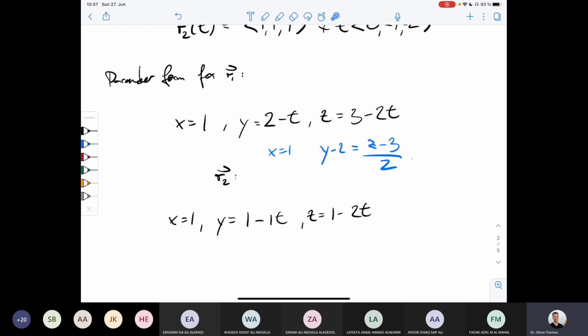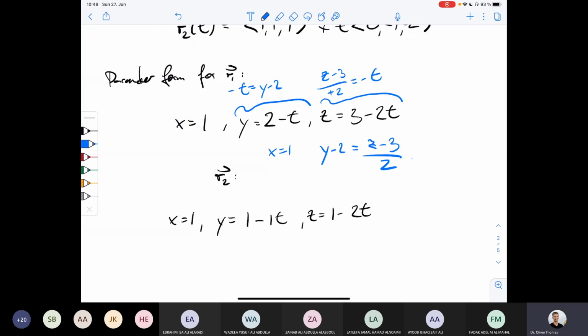So we can reformulate this equation: if y equals 2 minus t and z equals 3 minus 2t, and the t is the same thing in both cases, then for the first one, minus t is y minus 2. And for this one, z minus 3 divided by 2 is minus t.